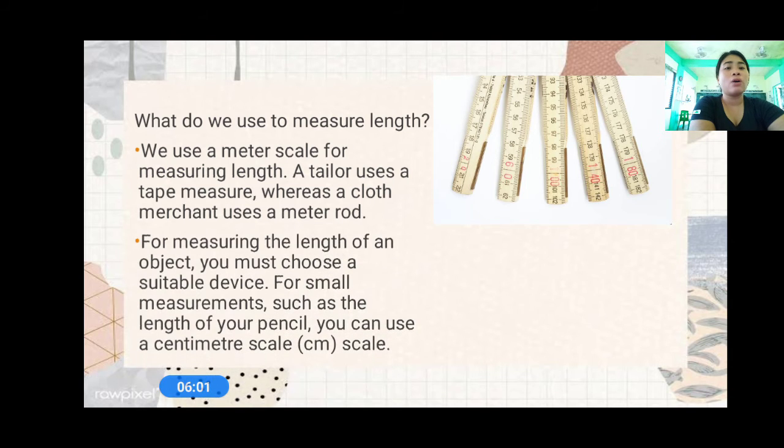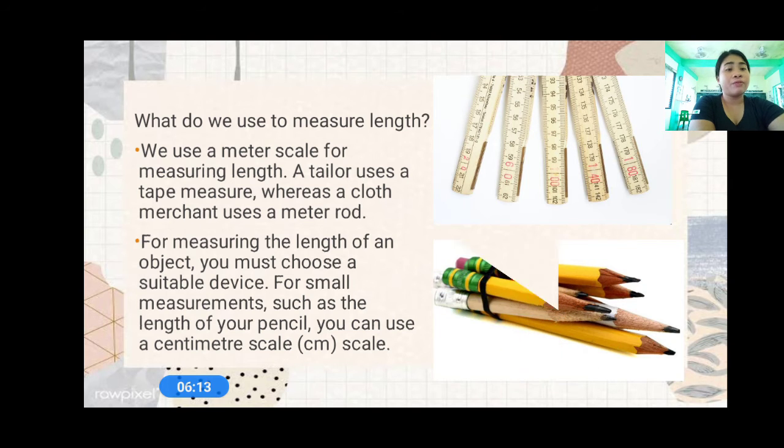For measuring the length of an object, you must choose a suitable device. For small measurements such as the length of your pencil, you can just use a centimeter scale or cm scale. Do you understand? Okay, very good.